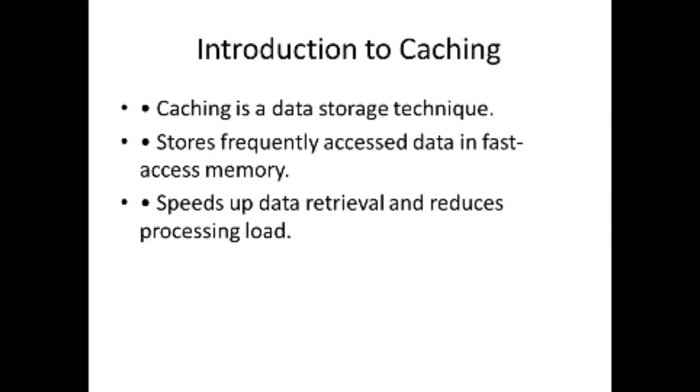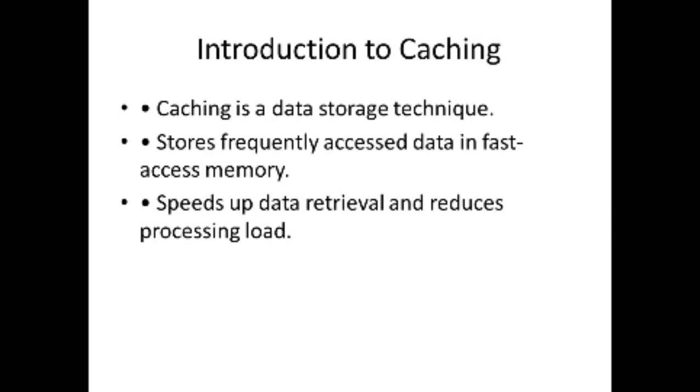So the cache is for storing frequently accessed data, data that you access daily or often. It stores it in fast access memory so that you can retrieve that data quickly, anytime you want to use it. So the third point is that it speeds up data retrieval and reduces processing load.